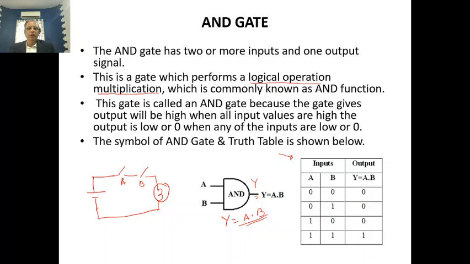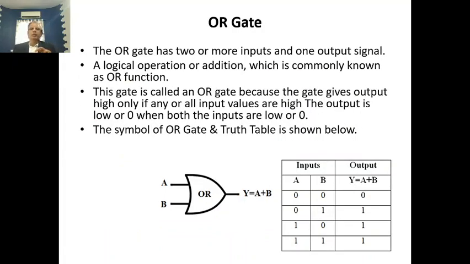When A is 0, means this is open, and this is short, at that time no current will flow through this. Current will flow through this circuit only when A is 1 and B is 1, means both are short. At that time this is connected to this, and this connection is there, and due to that the current will flow. As current will flow, the output will be 1. Means for the AND gate, when both inputs are 1, at that time the output is 1. This operation is called the AND operation.